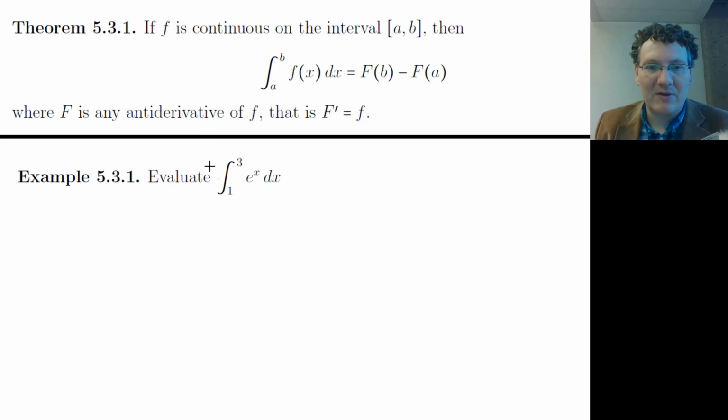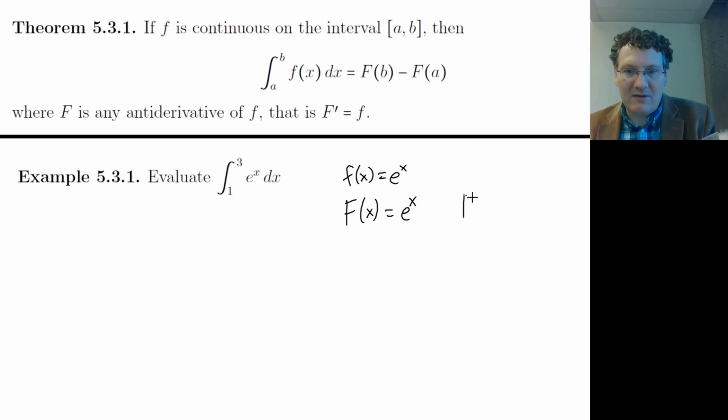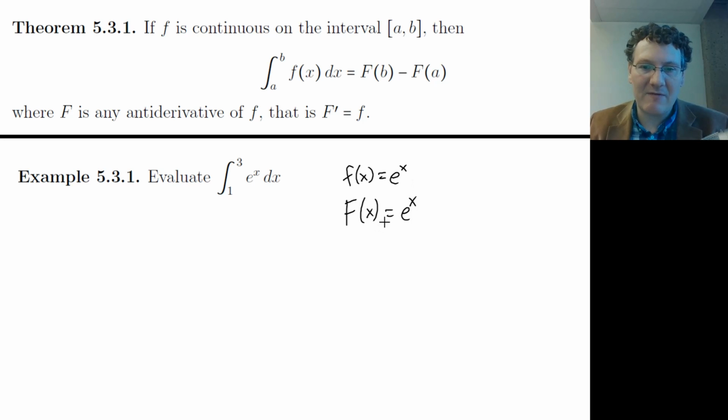Take this example. We have f of x is e to the x, and we already know that capital F, its antiderivative, is also e to the x, because the derivative of e to the x is e to the x.